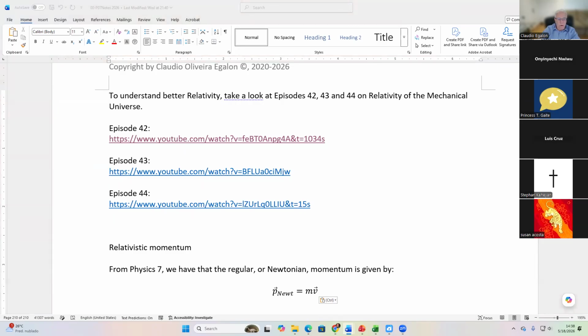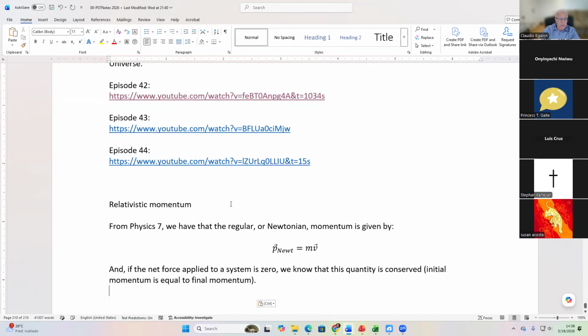If the net force applied to an object is 0, then this momentum is conserved. Initial momentum is equal to final momentum.